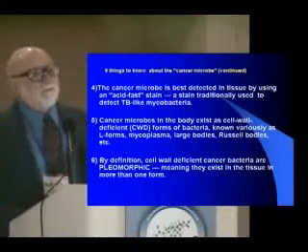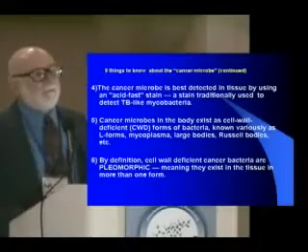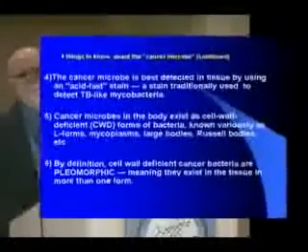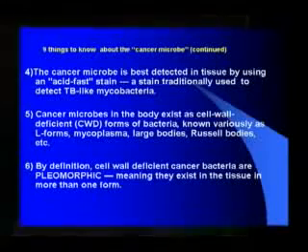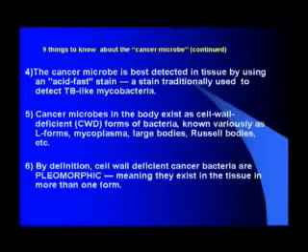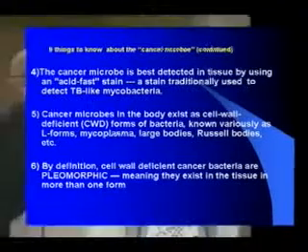Mycobacteria are a certain type of bacteria that produce diseases like tuberculosis and diseases like leprosy. Unfortunately, the routine stain that the pathologist uses is not very good to detect these bacteria, so staining is crucial.